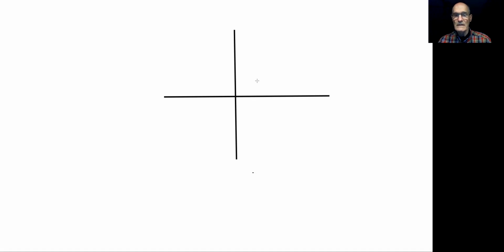Let's say this point is coordinates 2, 1, and this will be coordinates 5, 3.